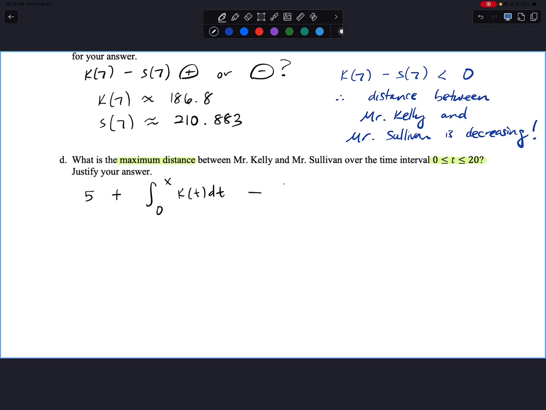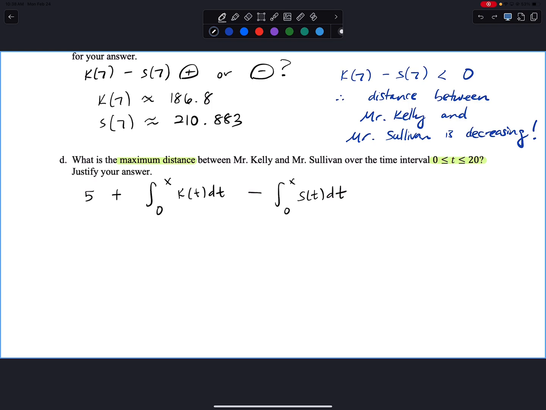So minus the integral from 0 to x of s of t dt. Is everybody cool with that? It's minus because the distance between them is shortening. 5 plus because he had a 5-yard head start at the beginning. Is everyone cool with that idea?